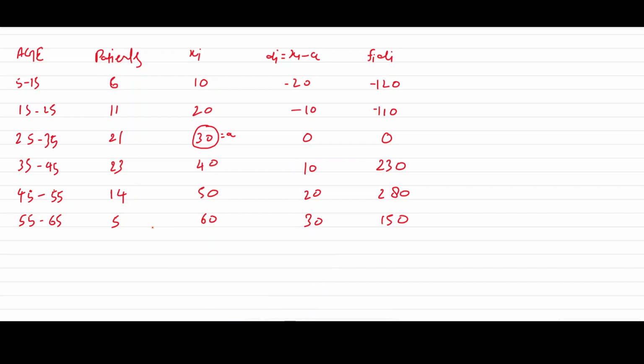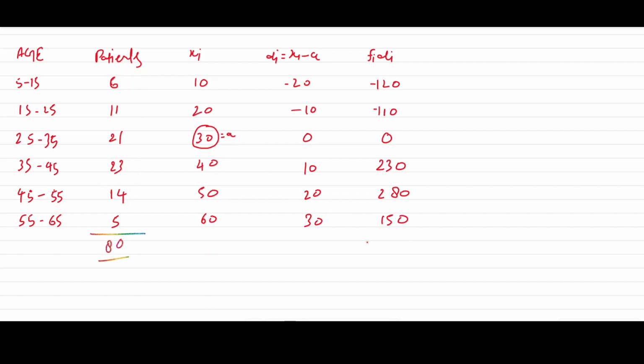Now what will be the total number of patients? If we add 6, 11, 21, 23, 14, 5, the total is 80.